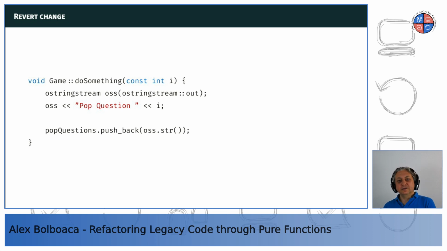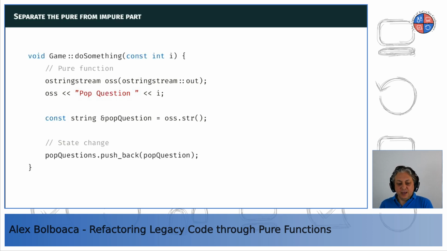First thing, I revert the change because I want to have everything working for as long as possible. So I'm back to the previous method. Now I can separate the pure part from the impure part, and I often use comments temporarily to see this difference.